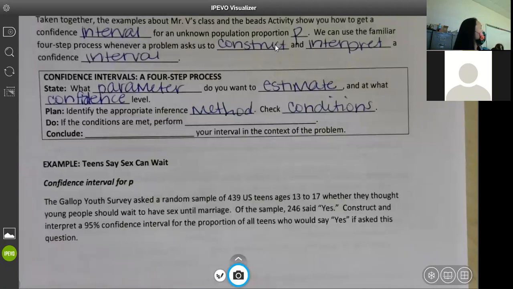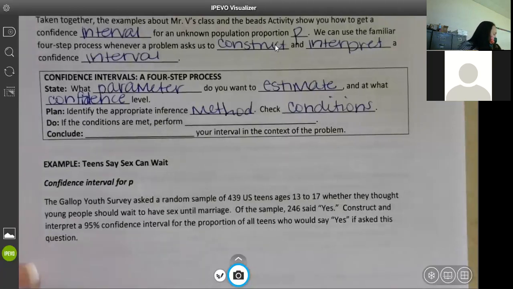Okay, so if you're already replacing, if we're talking about a deck of cards, we're already replacing, then we don't have to worry about it because our chance process, our percent of getting that card, does not change. And then the last thing we got to check is large counts. And why do we check it? To make sure that it is normal. All right, so don't forget that.